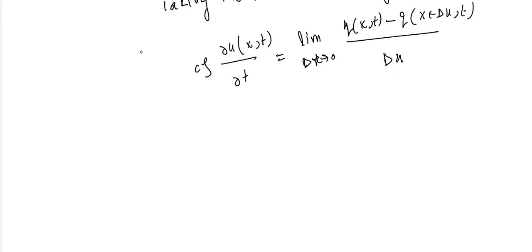If you remember the definition of differentiation, then this right hand side becomes the partial derivative of q with respect to x. And here if you introduce Fourier's law, then it will complete your derivation.